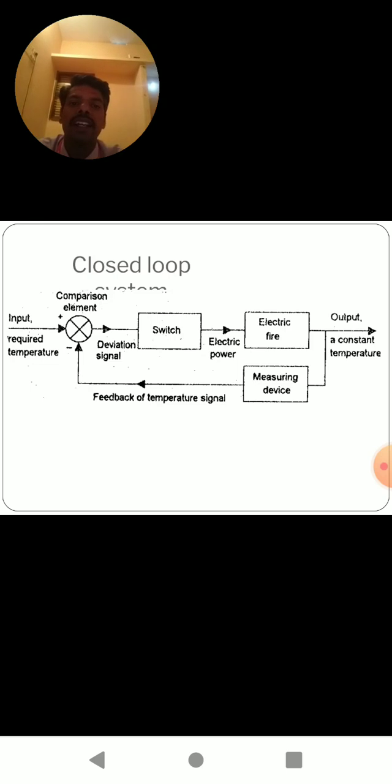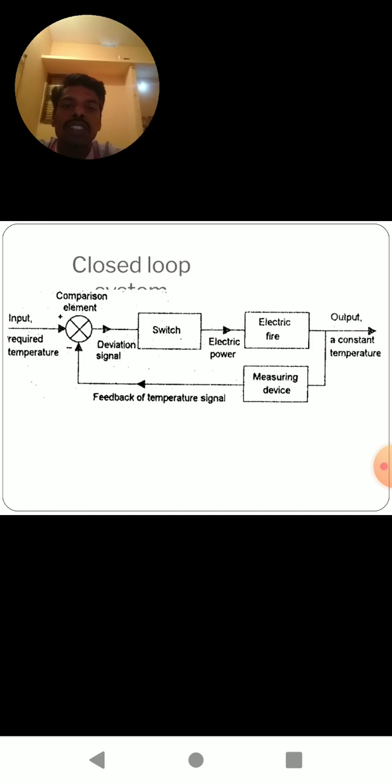Okay, let us discuss the closed loop system. Based on these graphical images, here we compare the open loop system with the closed loop system for more understanding. Here, the input we provided to the system, that is the switch, is either on or off.